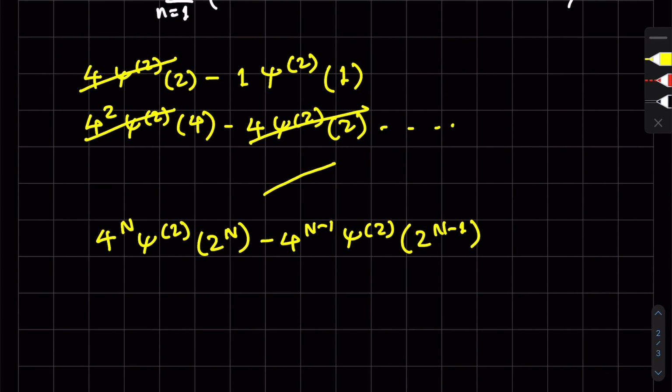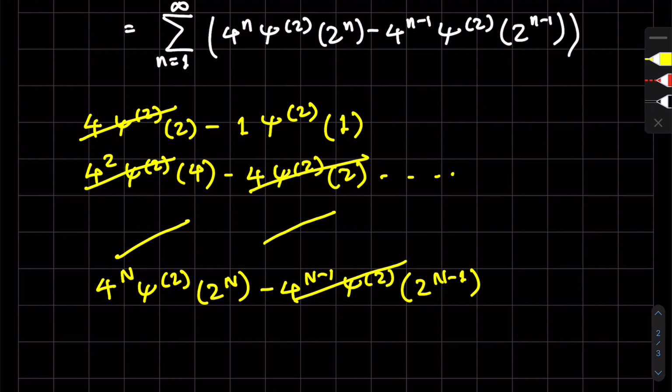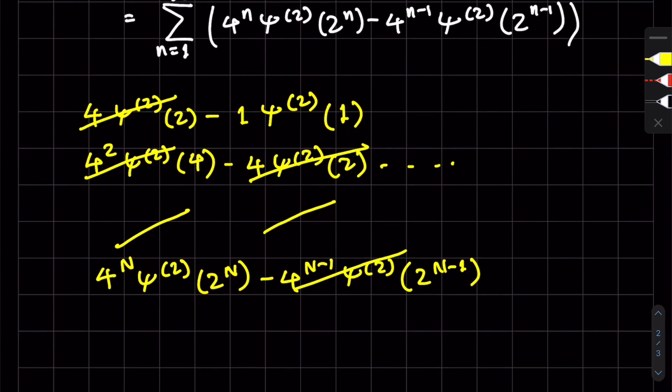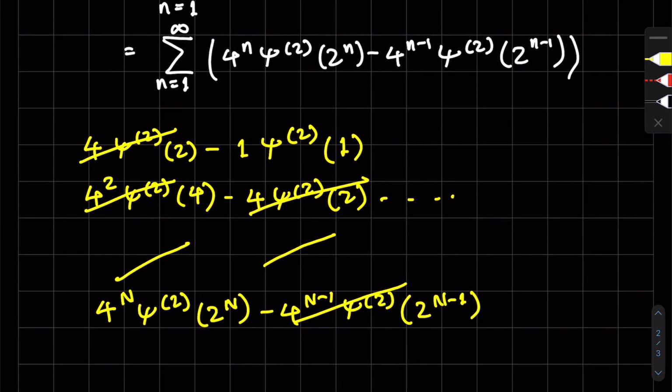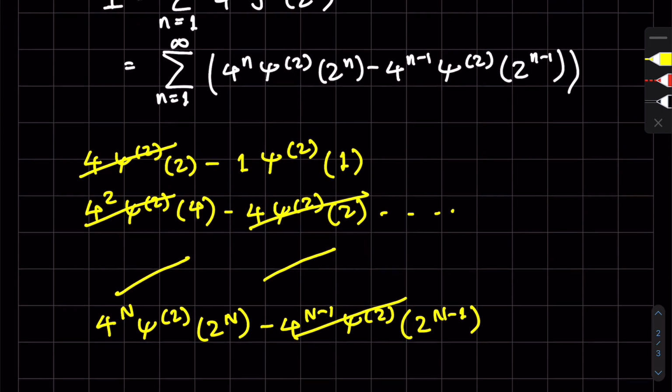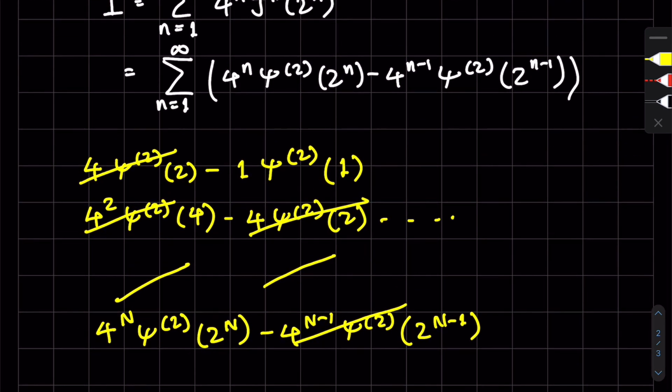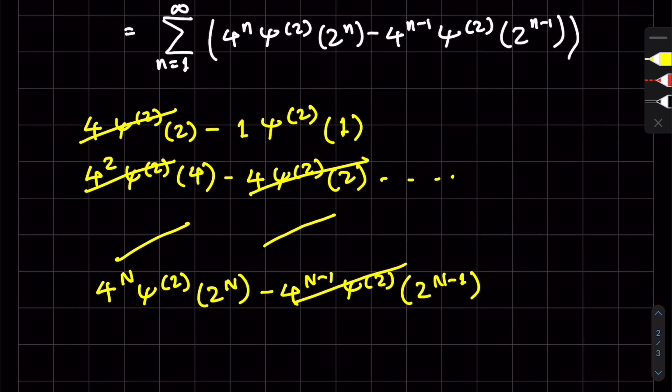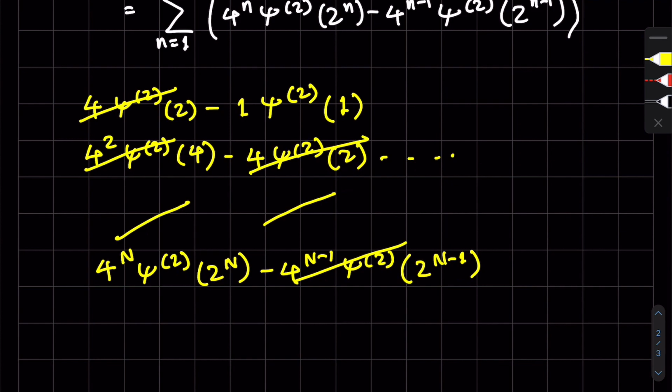By the way, the cancellation happens, this is going to cancel with the term before it. So all we're going to be left with is the second term of the series, which couldn't cancel with something that was behind it, and then the second last term of the infinite series, because it couldn't cancel with something that was ahead of it, because the series terminates for some capital N. Maybe capital N goes to infinity, but that comes later.